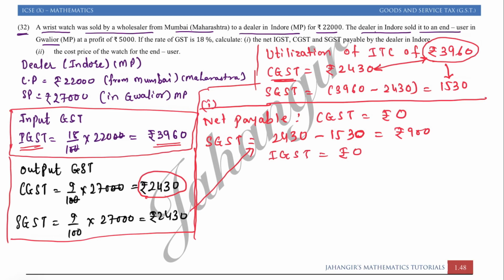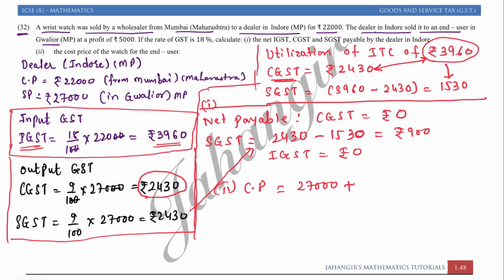This is the answer to the first question. The answer to the second is the cost price of the watch for the end user. So I can just directly write the CP of the watch for the end user is rupees, selling price was 27,000 for the dealer. So this customer will pay 27,000 plus output tax on it.